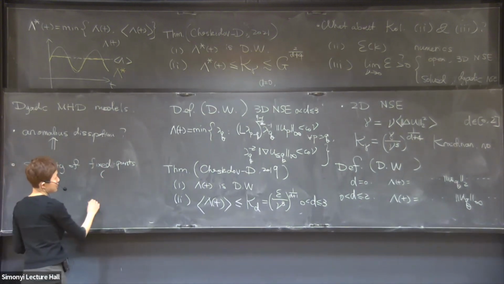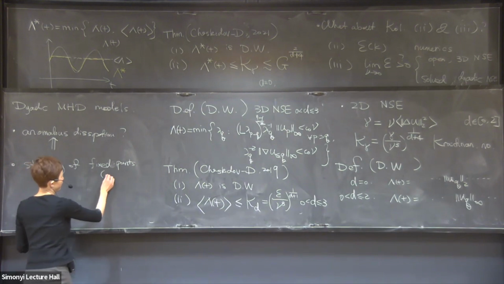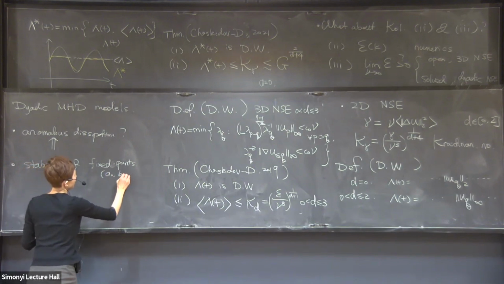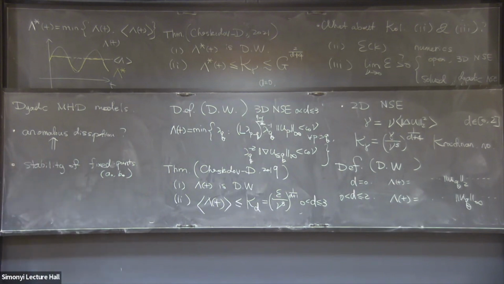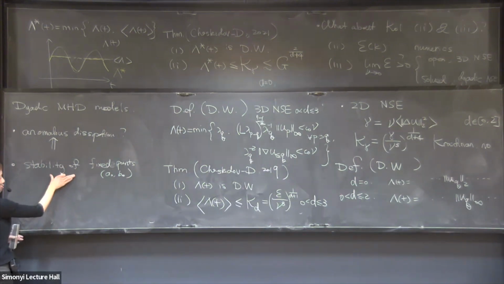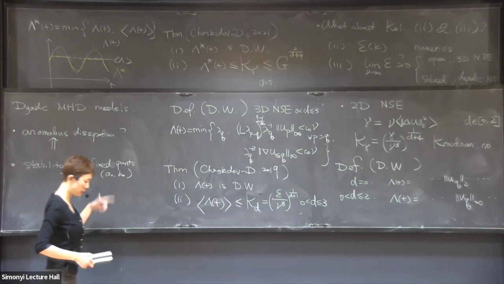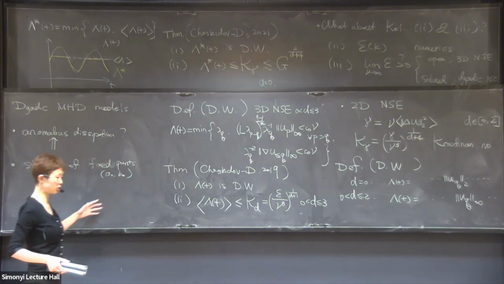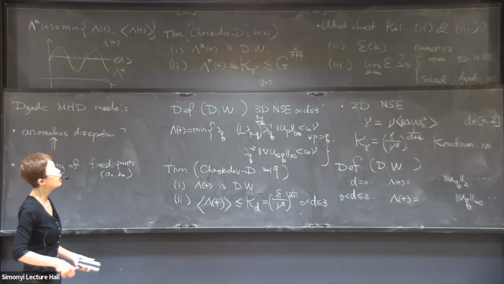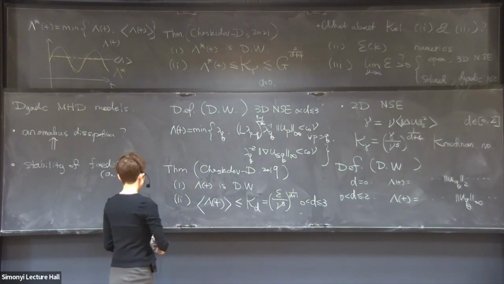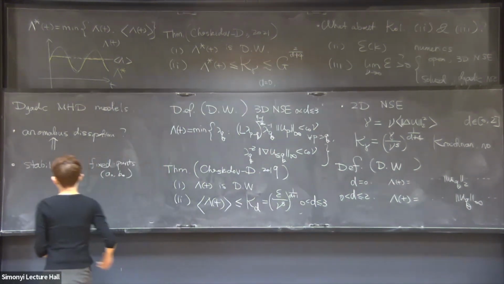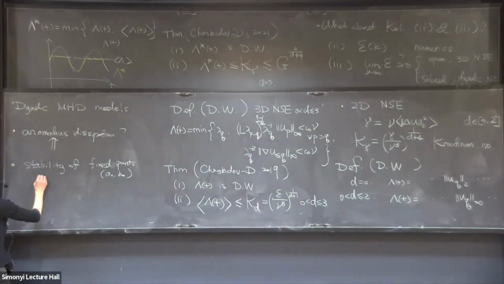It's a 2-parameter family. Even at this level, it's very hard, okay? And we don't know much about the stability of the fixed points, because here we have a set of fixed points. It's not unique. It's different from the dyadic Navier-Stokes equation. So they're all open.